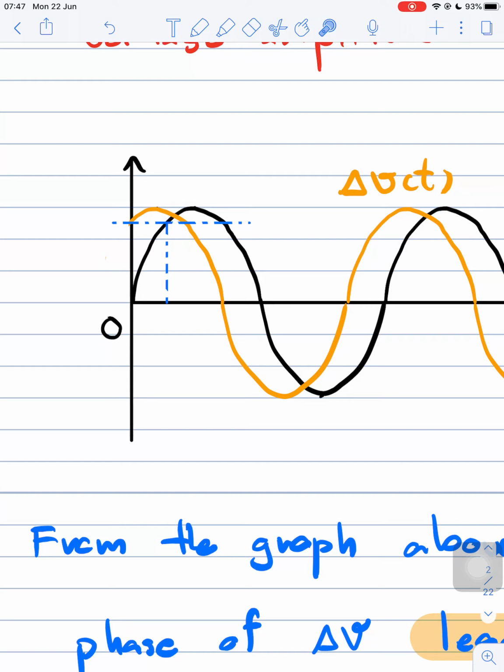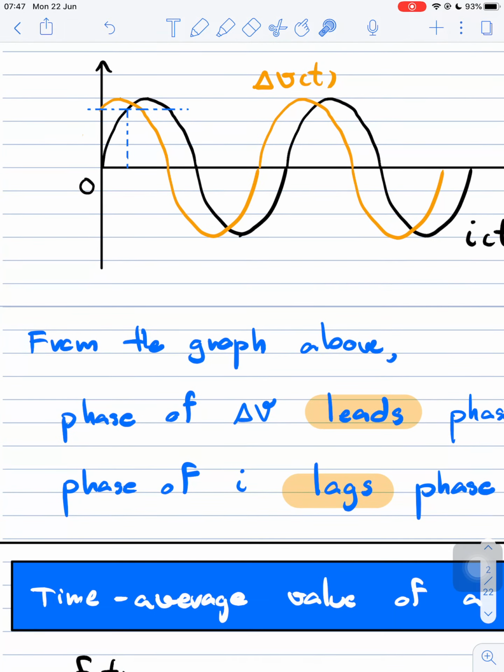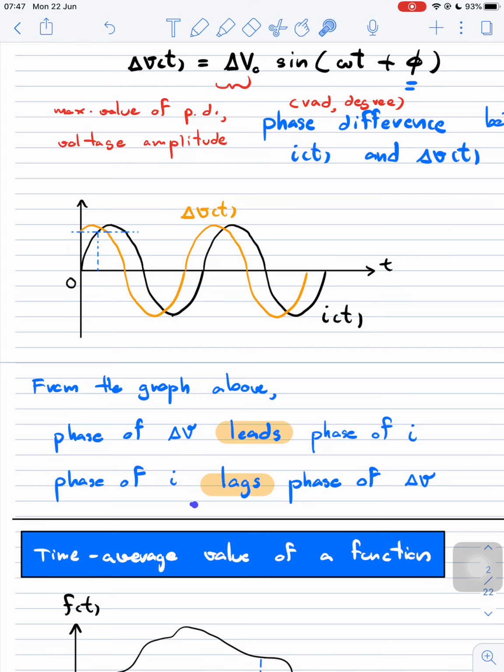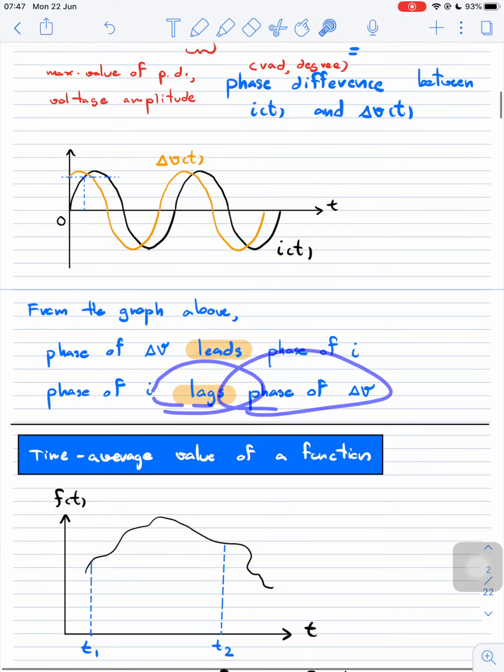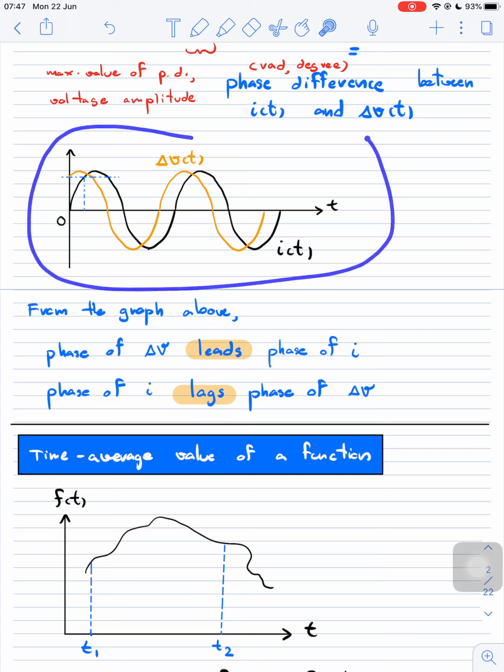So it means that the phase of delta V is leading the phase of the current I, or we can say that the phase of the current I is lagging the phase of delta V. So now we have two words that you should know, phase leading and phase lagging. From this picture, the phase of delta V is leading the phase of the current, or the phase of the current is lagging the phase of delta V.